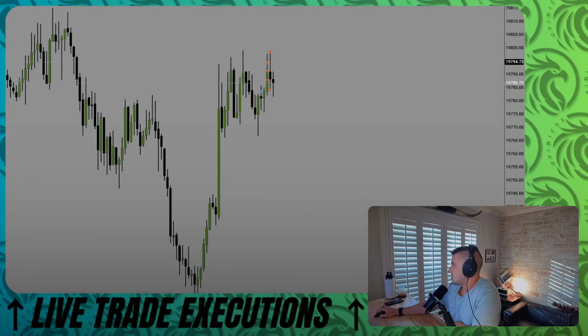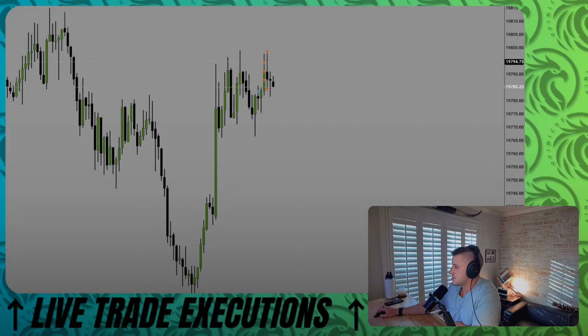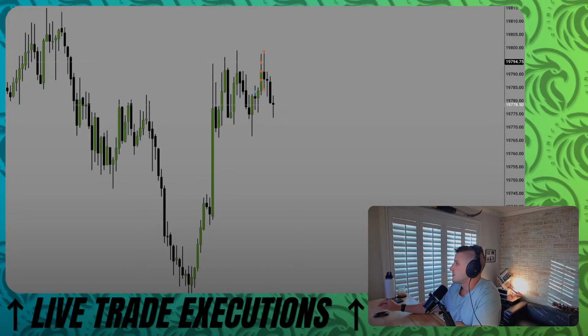Give it a little sample right there versus 775. Looking for that 775 to hold. Locks them into overnight high. Lift that trail, and then trail just gets taken. First trade of the morning. Didn't love that one.